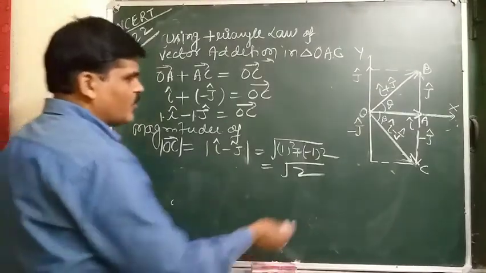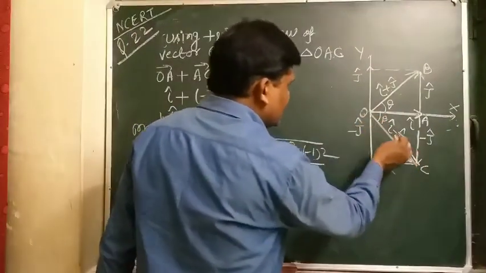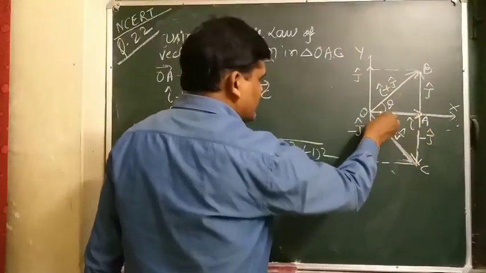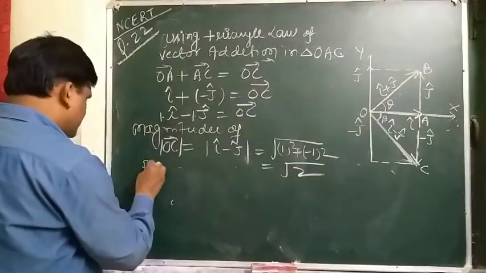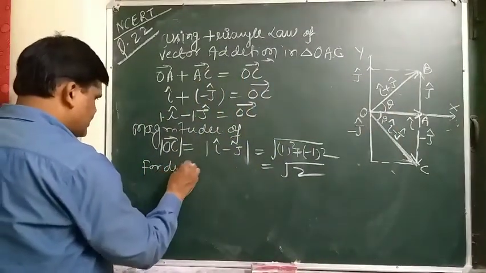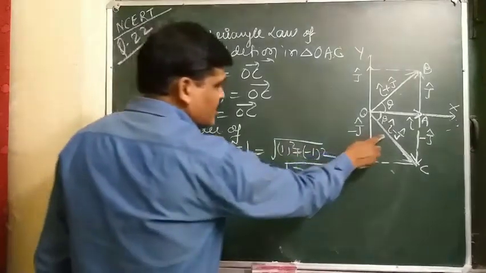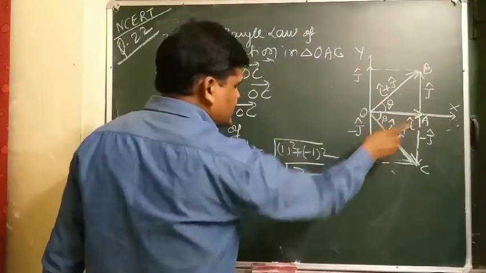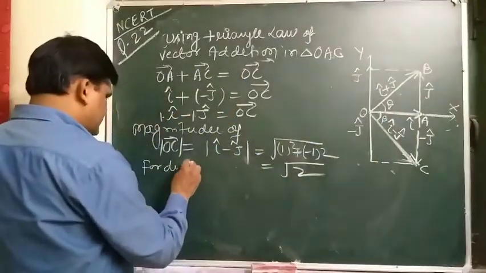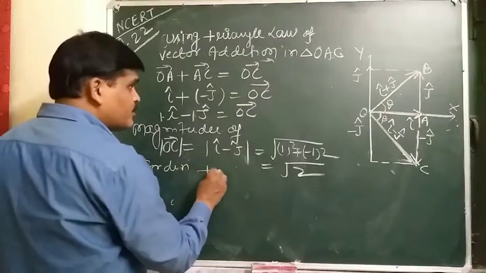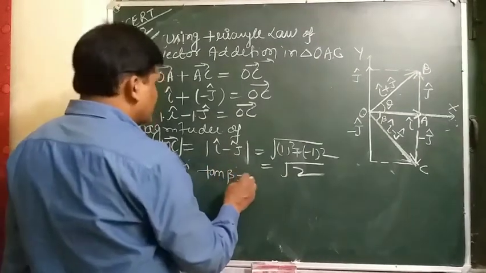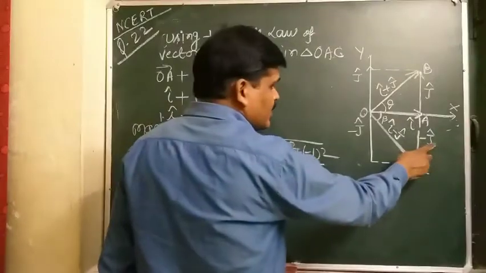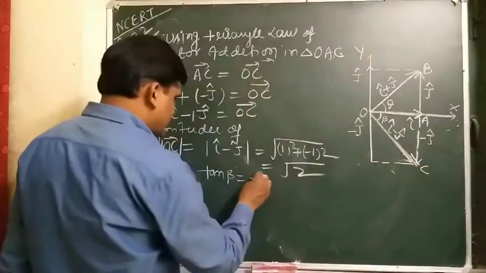Again, the resultant makes an angle with the x axis, that is beta. For the direction of the resultant unit vector i cap minus j cap with the x axis, we have used tan beta, the coefficient of j cap, which is minus 1.